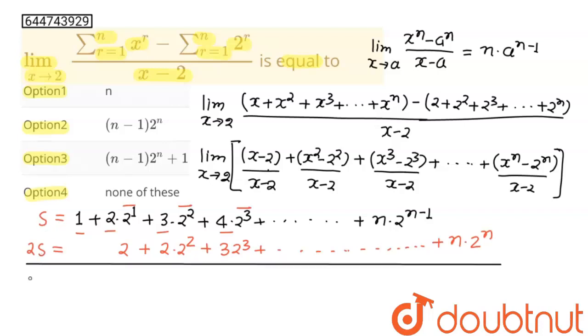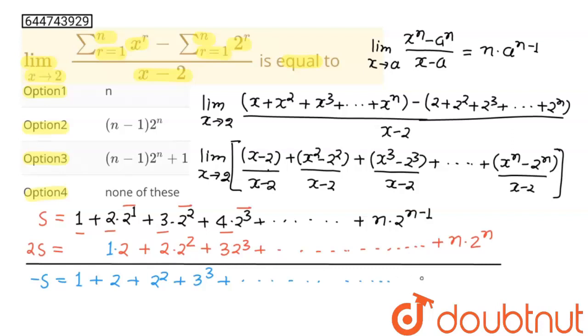S minus 2S will be minus S is equal to 1 minus 0 will be 1, plus 1 into 2, this both will become 2, plus here 3 times 2 square minus 2 times 2 square, this will become 2 square, plus this will become 2 cube, plus so on.